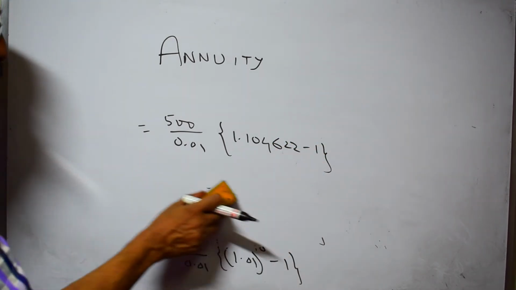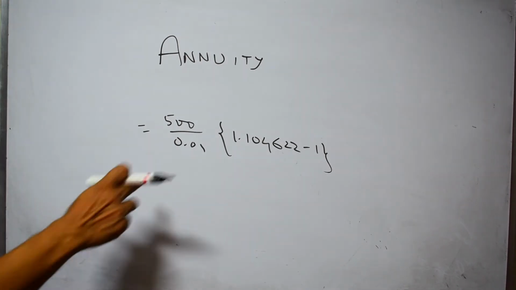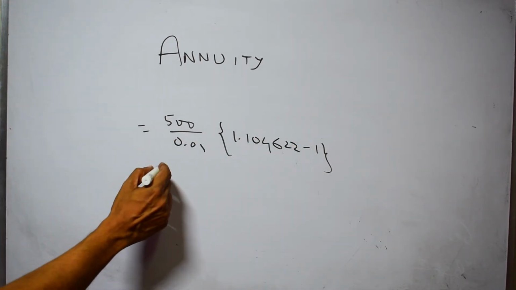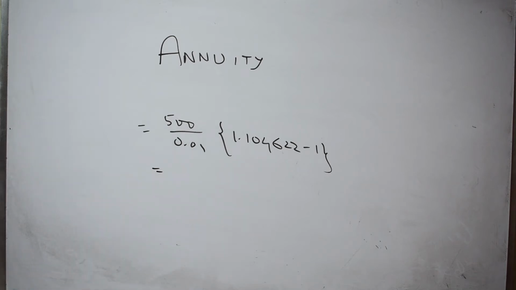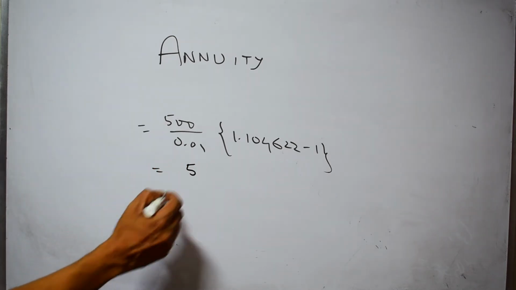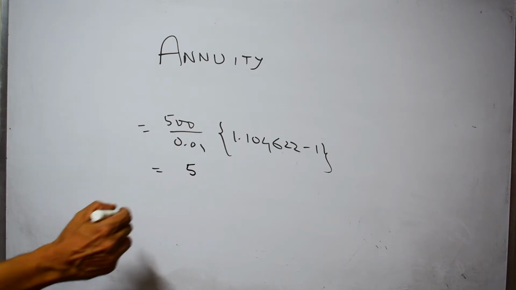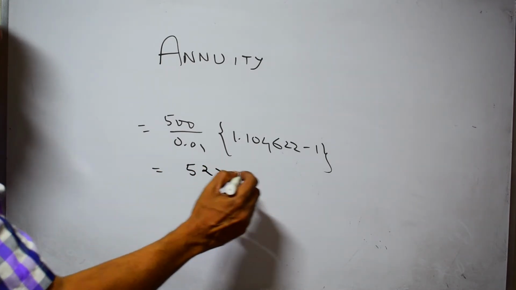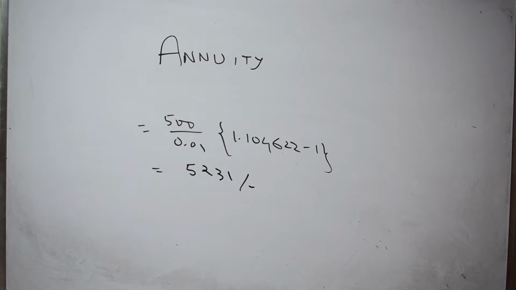So when we calculate this, 1 minus 1 is removed, and this 500 by 0.01, and the final answer comes to 5231. So this is the future value of total 10 monthly installments.